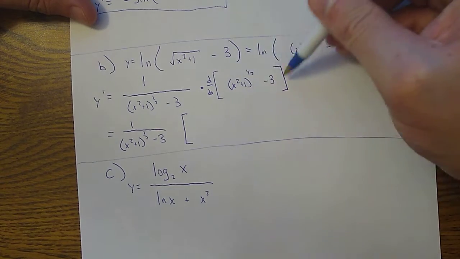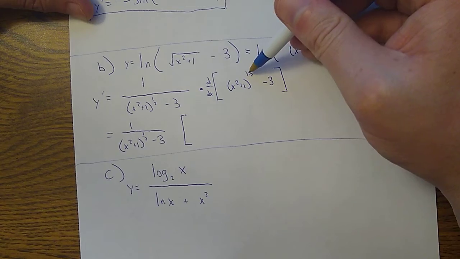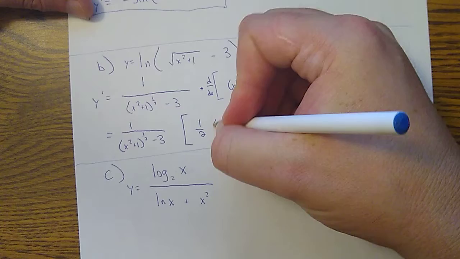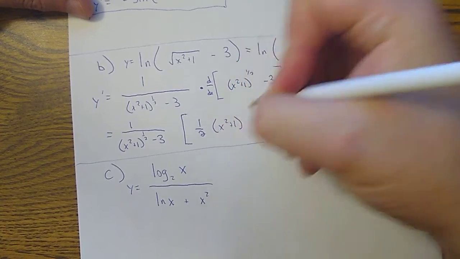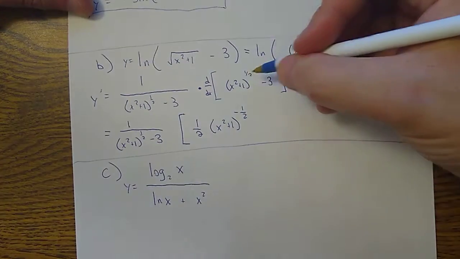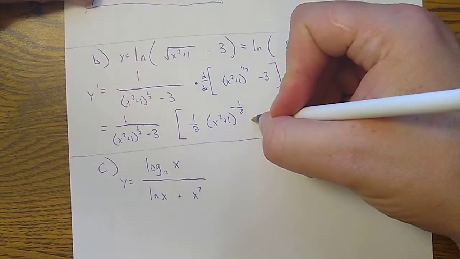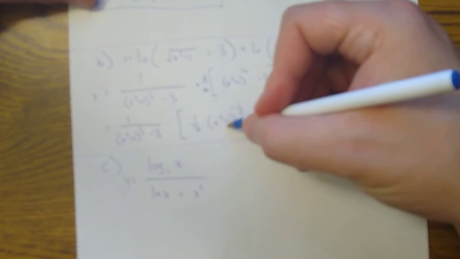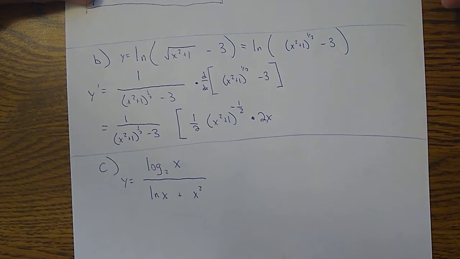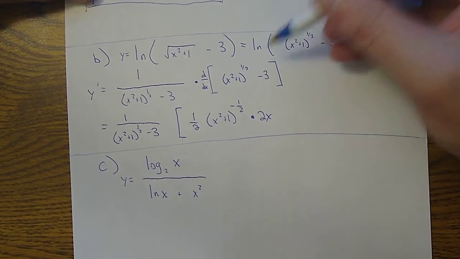So what I have going on inside here is just another little chain rule. The outside function is the 1/2 power. So we know how to do the derivative of a power. I bring the power down, and then it's going to be this same number to the, I have to subtract 1 from the power. 1/2 minus 1 is negative 1/2. Then I multiply by the derivative of the inside. The derivative of the inside is just 2x. And I should remember to do the derivative of this, but the derivative of this is just 0.